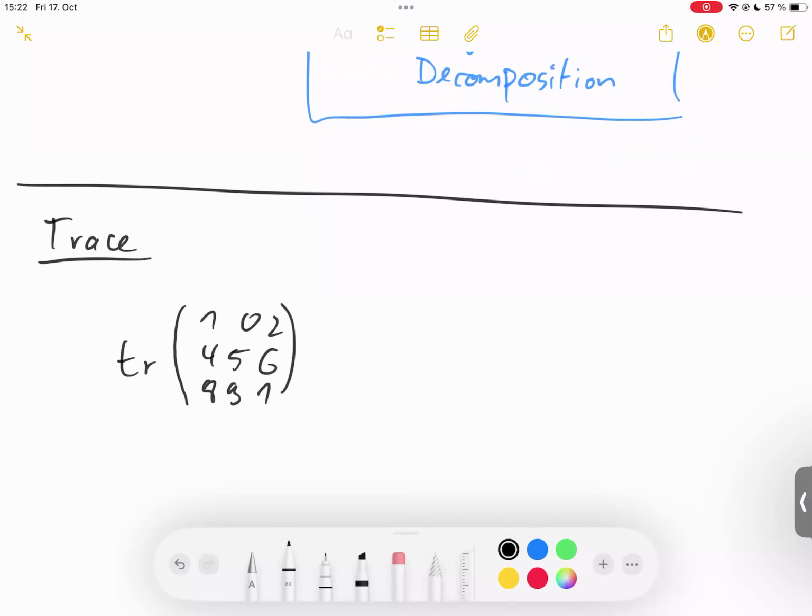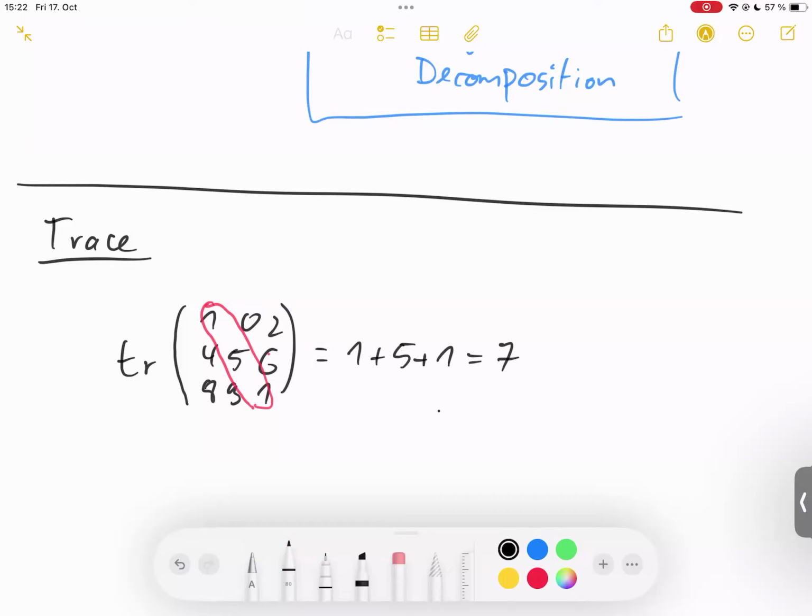What is the trace of this? The trace, that is not in the chat, is the sum of the elements in the diagonal. So the trace would be 1 plus 5 plus 1, so that would be 7. Because we may come across this term trace at some point, or you come across it in the book. So you know it's the sum of the elements in the diagonal.